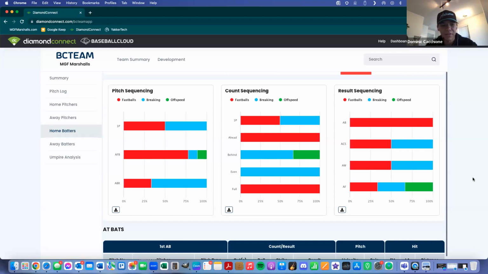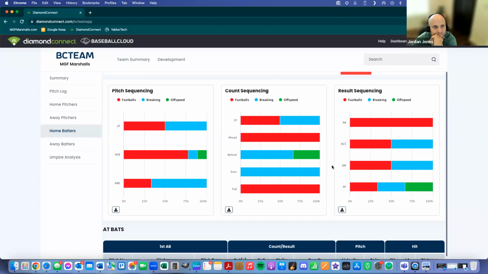If you're ahead in the count, you can see here that he's only gotten a fastball when he's ahead in the count. So you can be like, okay, hunt that fastball on a 2-1 count, or whatever that might be. Or if you're behind, sit back on that breaking ball, like see one that's hung over the plate, something like that.